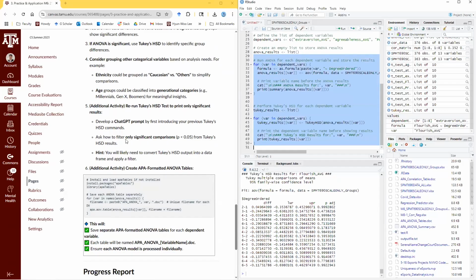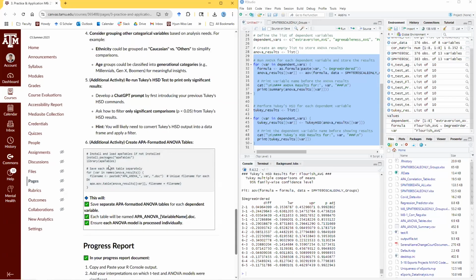And you could ask ChatGPT to modify the prompt just to show the significant results. Yeah, so you could do that, and you could also create an APA formatted ANOVA table by using this command.